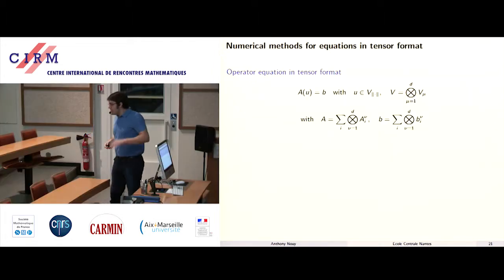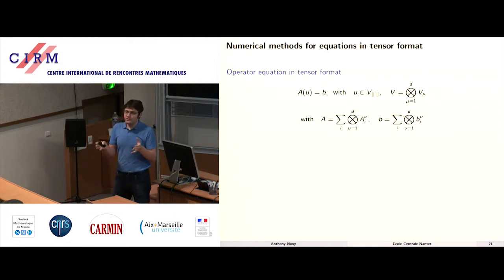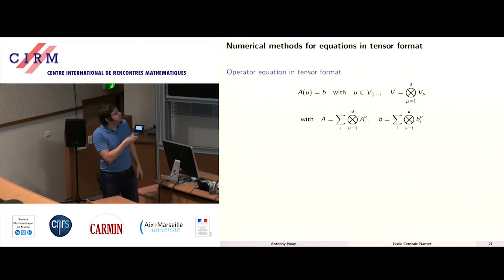Okay, so now I have mentioned the low-rank structure. The question is, you have an equation. How do you approximate the solution of this equation using these formats of approximation? First, you have to have the rank structure in your equation. So typically, you will have an operator equation like this, with an operator given by a sum of elementary tensor products of operators, and the same for the right-hand side.